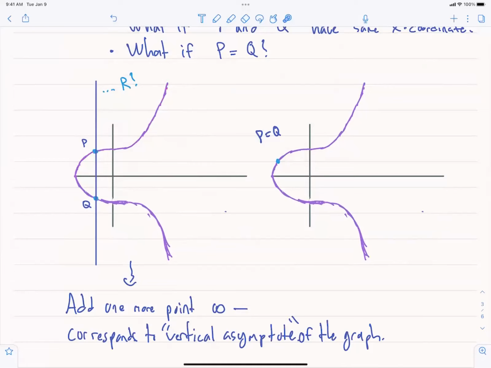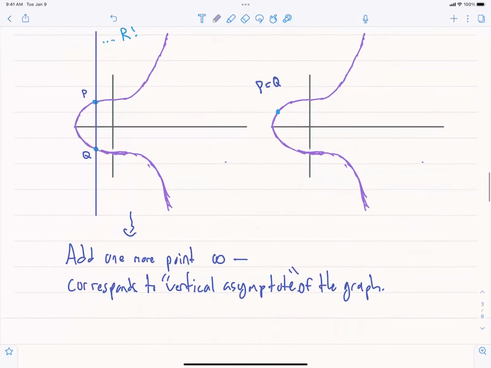And so what we can think is, let's add a point that we're converging towards, and we'll just treat it as being that vertical line. So really what I mean when I say adding the corresponding vertical asymptote of the graph is we're just adding a point that lies on every vertical line.